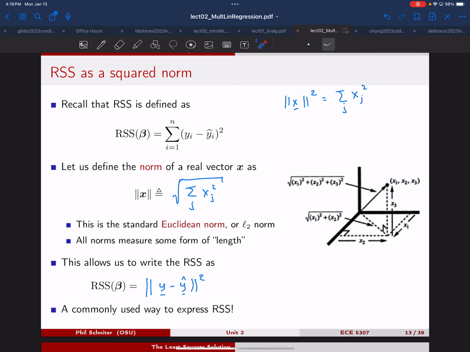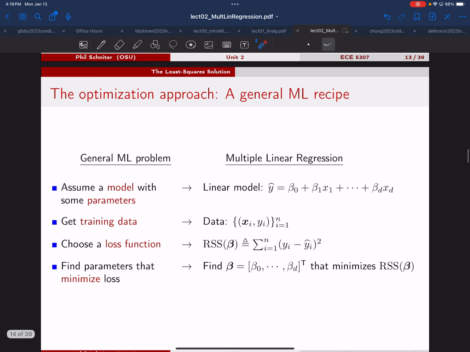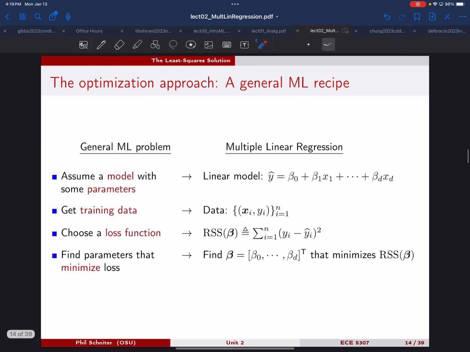Okay, so let's step back for a moment and reflect on what we've done. This is actually just an example of a generic recipe that we're going to apply over and over again in this class. This is sort of what you do for supervised machine learning. You assume a model with some parameters. In our case right now, it's this linear model.